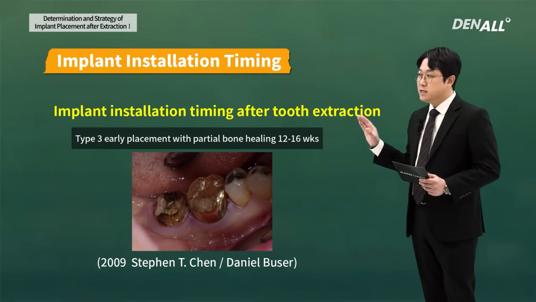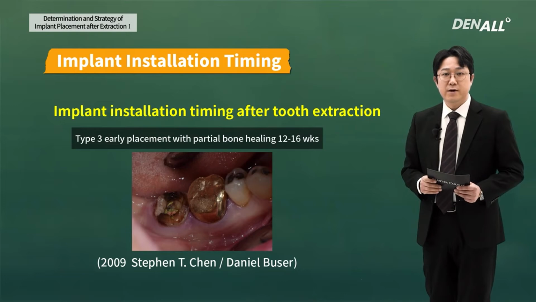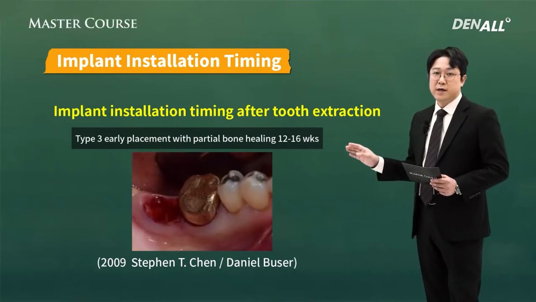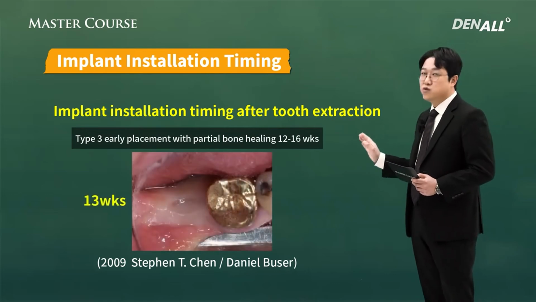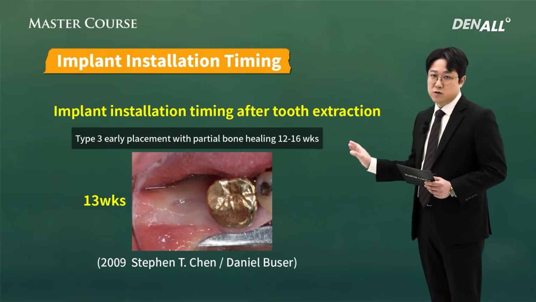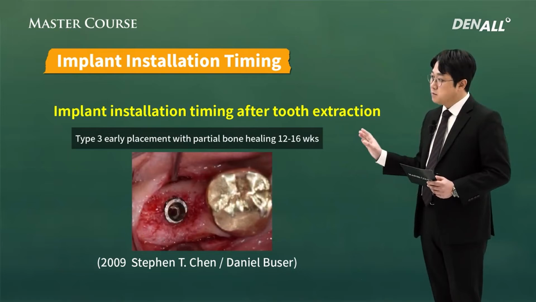In the case of type 3, after extraction, 12 to 16 weeks are waited. In number 47, the tooth was extracted. This is after 13 weeks. Soft tissue is quite mature, and you can see bone fill in the socket.